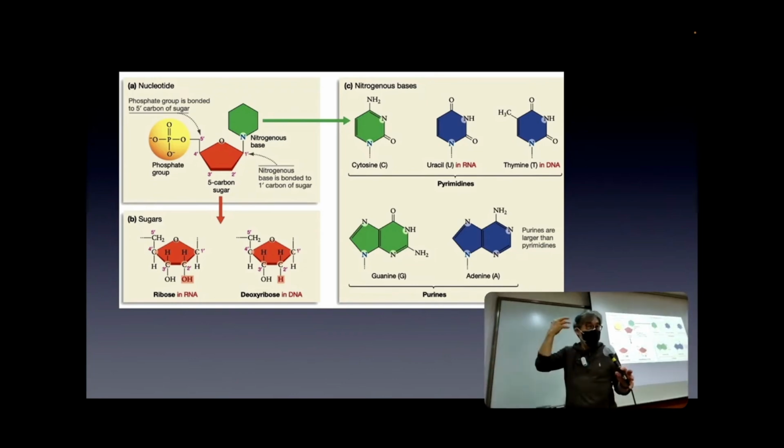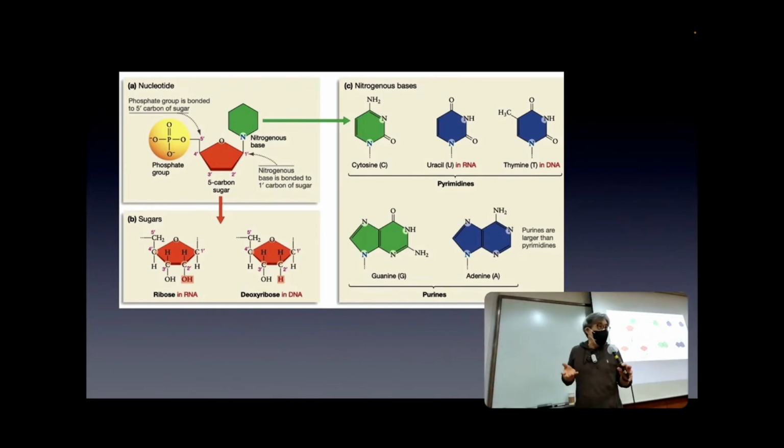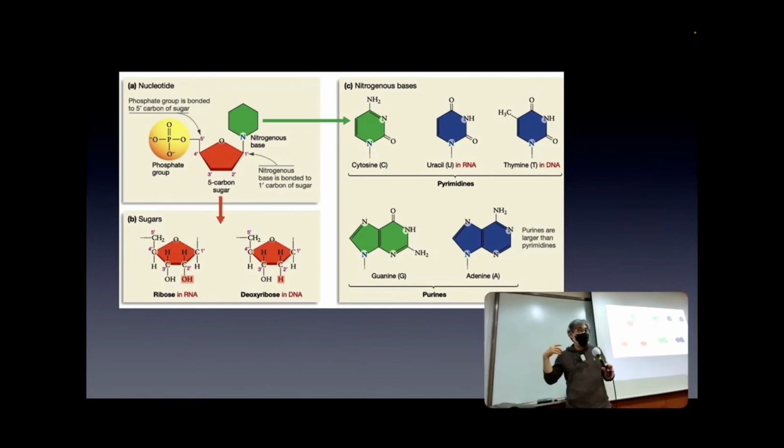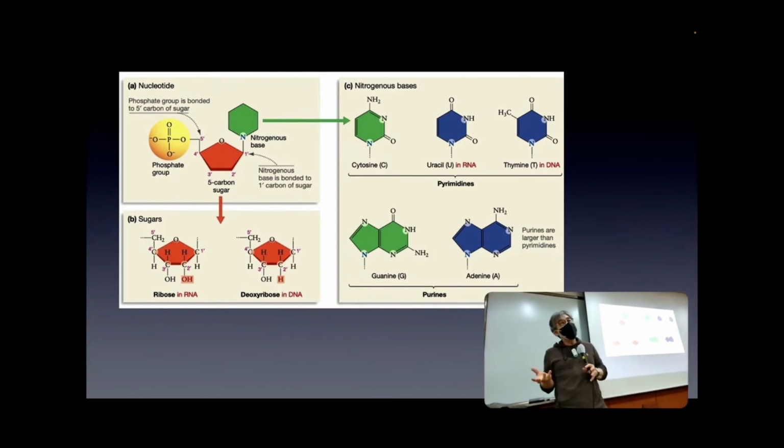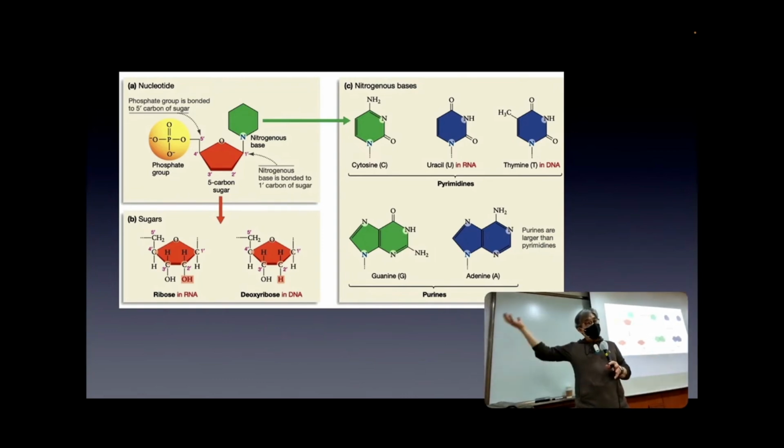Not only could RNA act as a genetic material, but RNA is also very versatile. It can play many roles at the same time. So in the beginning of the whole life, RNA had to be the genetic material.